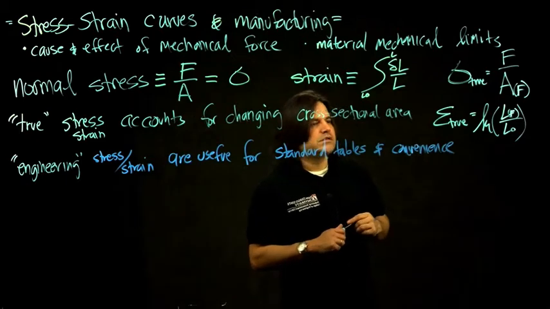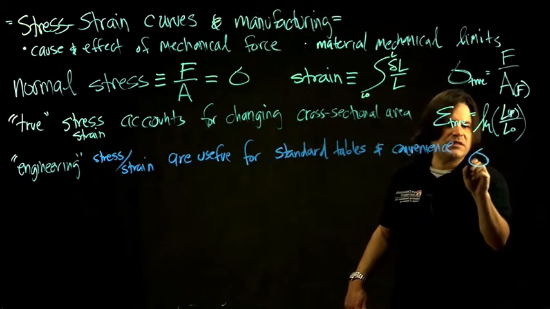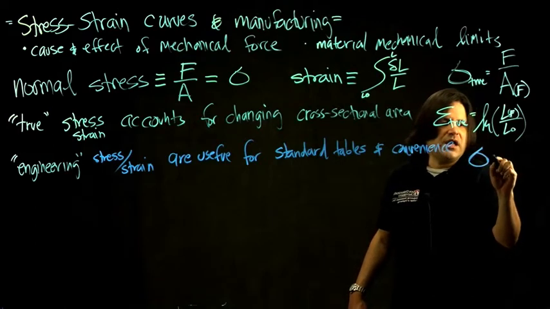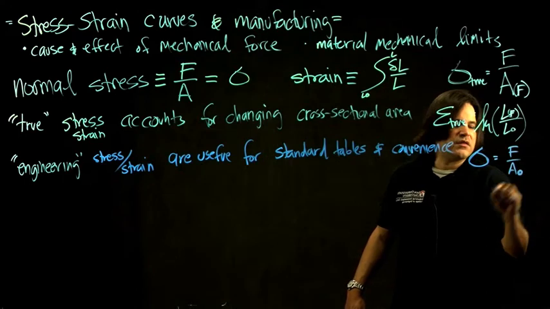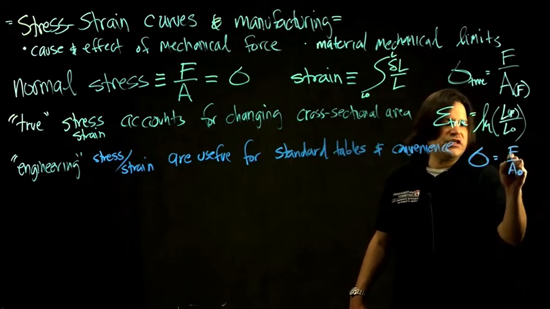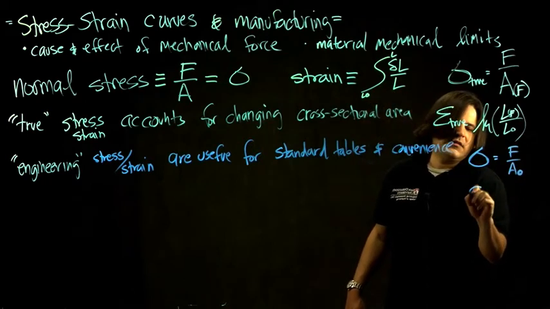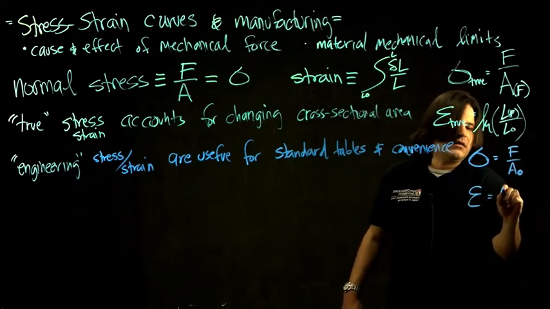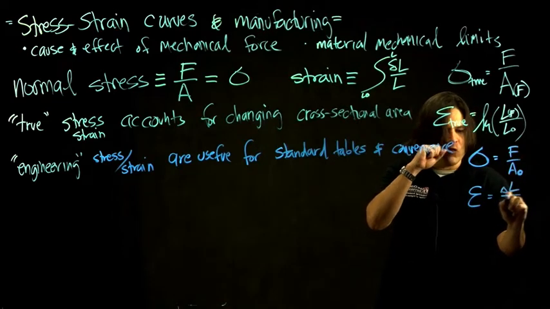And those, I'll just put these as a normal sigma that you might see more commonly, would be the force over the area that you begin with. So this force changes, and this is the area that you begin with. And the strain would be the change in length after this force is applied over the initial length.